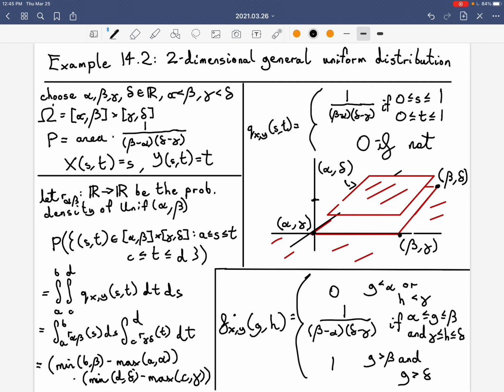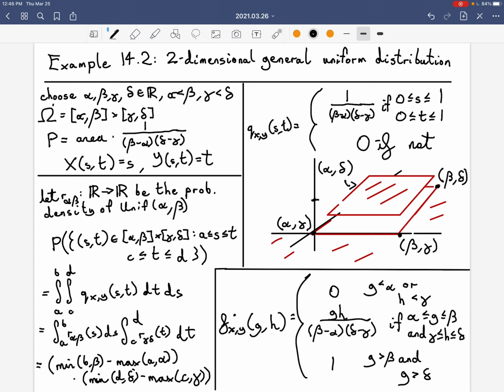Okay, and so then I can go about calculating the integrals for the probability density in the same way as I did for the two-dimensional uniform. I can say, well, I'm going to draw this rectangle on my infinite floor, and I'm going to calculate the area of the overlap with the shadow of the table, and then I'm going to divide by the area of the table.